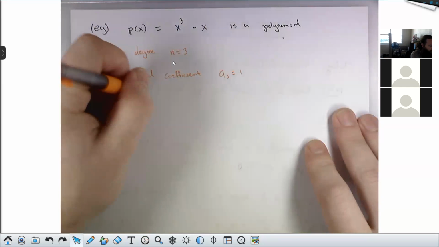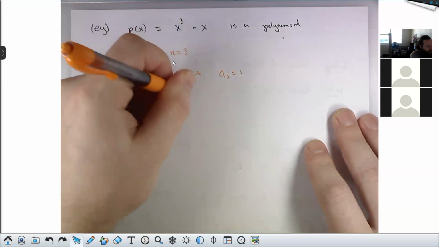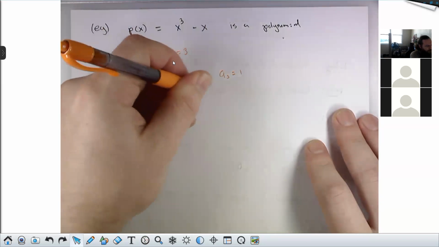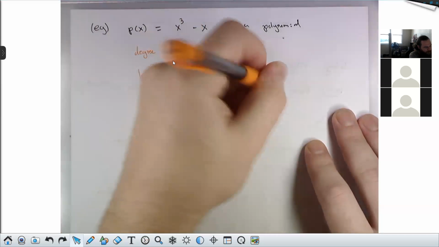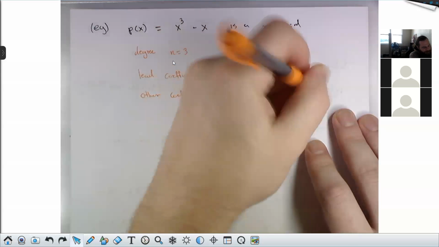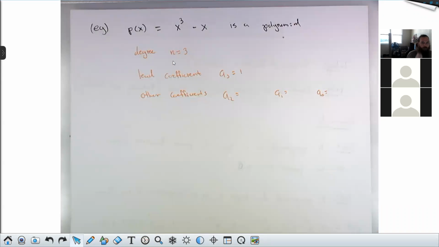Okay, what about the other coefficients? It's a degree 3 polynomial, so it should have A2, should have A1, and should have A0. All of these should exist, but what are they? What is A2?